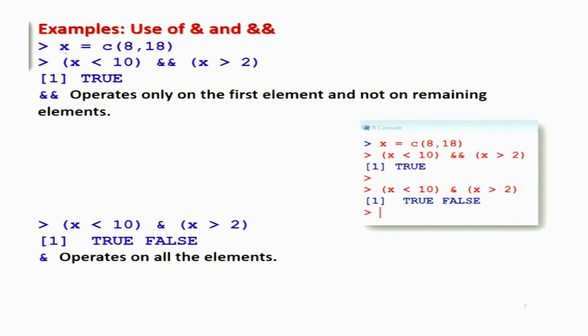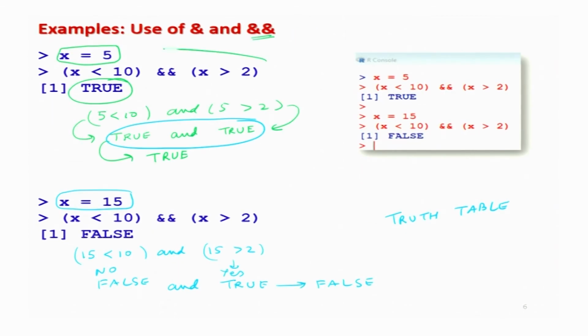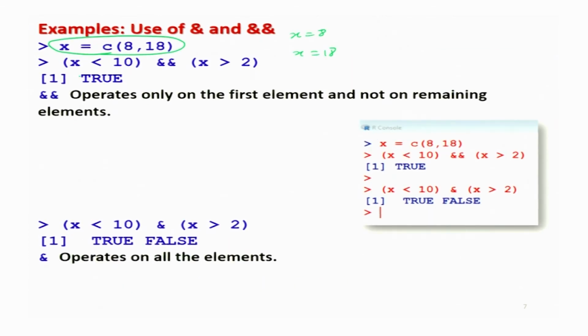So, now I take two values, x equal to 8 and x equal to 18, and I combine them in this data vector like this. Now, I want to use the same condition which I used in the earlier example. You can see here this is x less than 10 and x greater than 2. So, this is the same condition, x less than 10 and x is greater than 2, and I use the single and double operators.